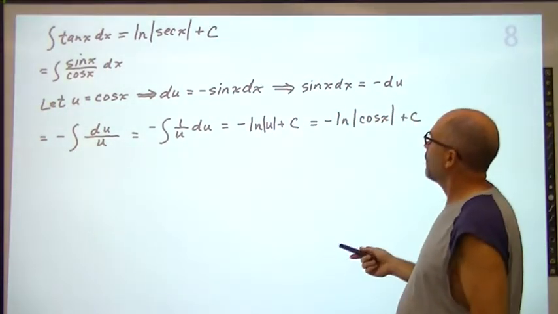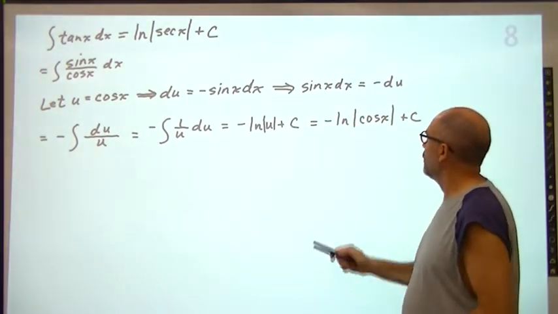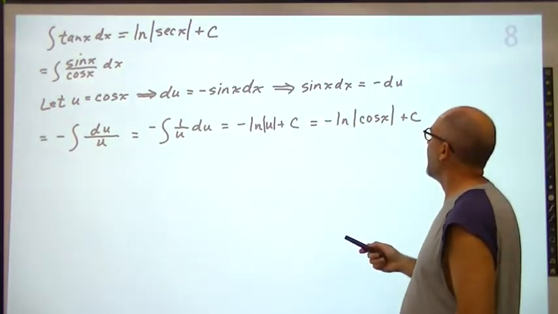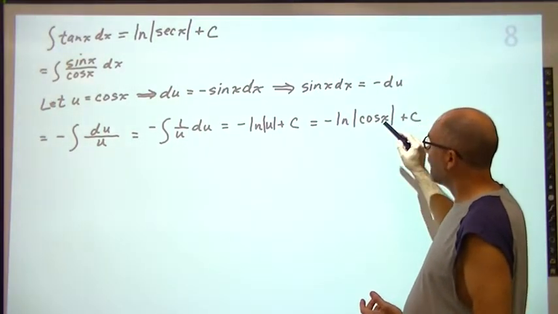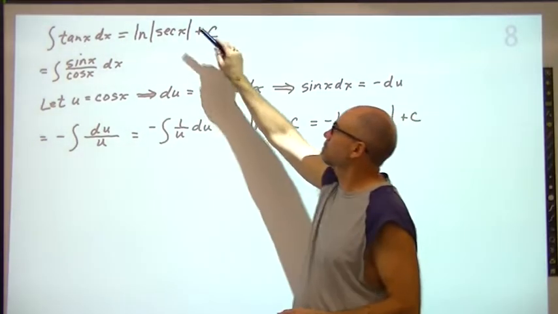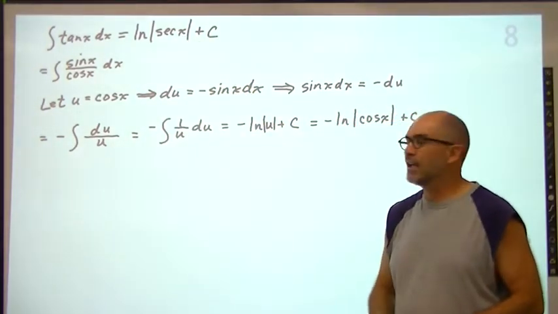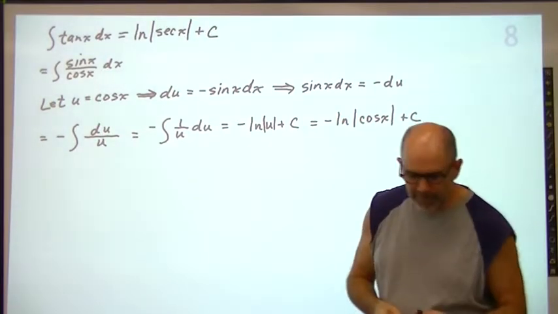So we end up with the substitution. We can do our integration then with the u, and then we put the x's back in the u. And then, last step, clean up the negative in front of the natural log. Bam! Integral of tangent is natural log secant. Piece of cake.